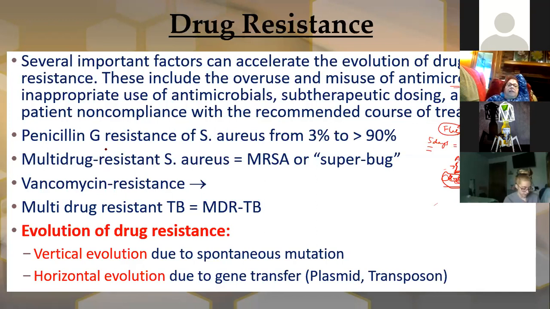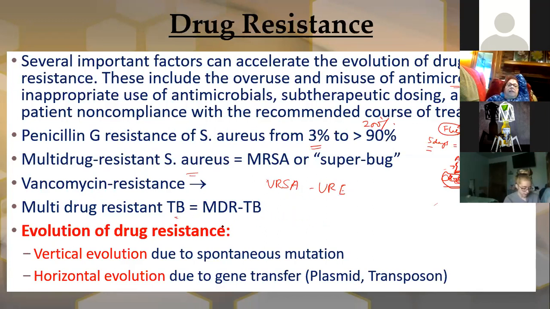So penicillin G resistance of Staphylococcus aureus from 3%, now it's 200%. Okay. Multi-drug resistant Staphylococcus aureus, MRSA, even that does not work. Multi-drug resistant, like for the TB, MDR TB, that's also got resistant.